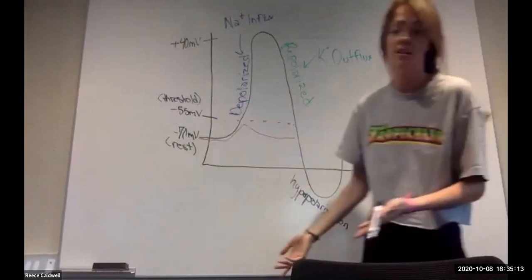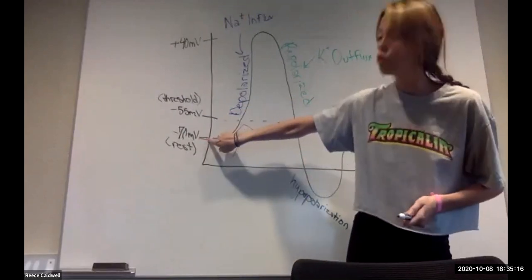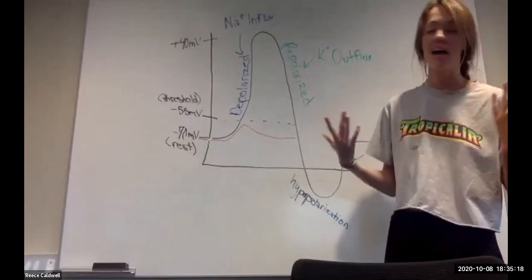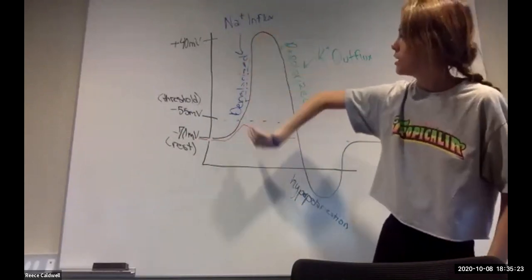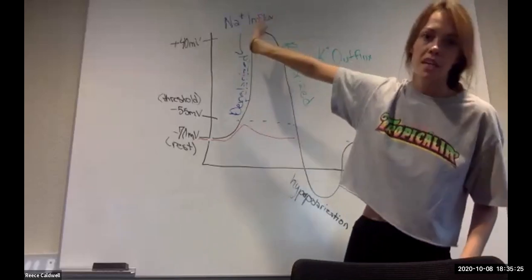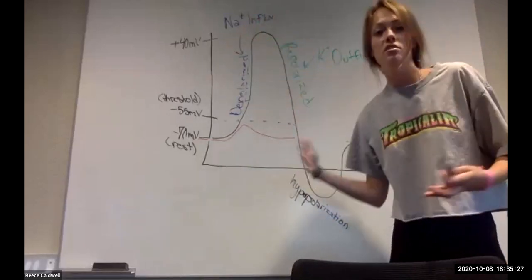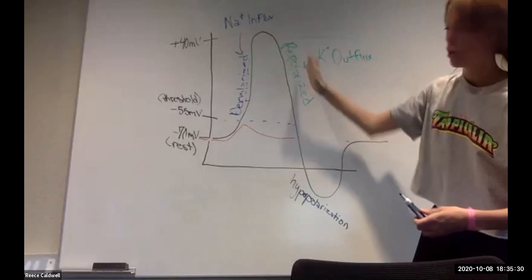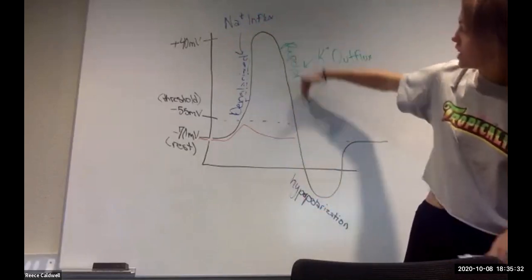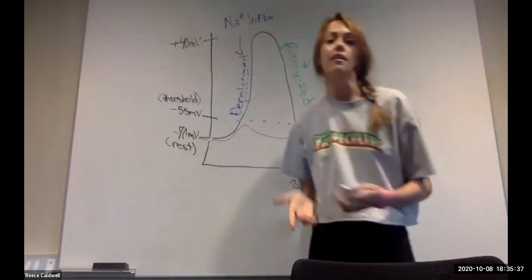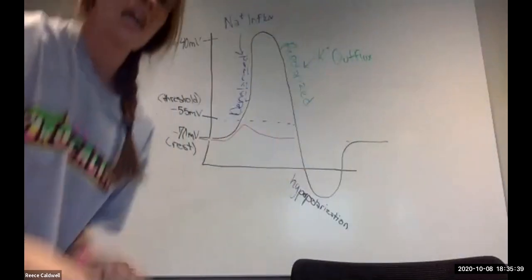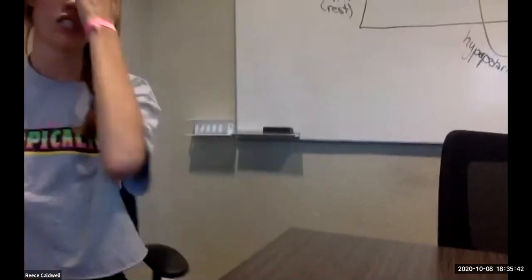And you would need to say negative 70. Or I could say, what's occurring at this point right here? Rest. What's the upward slant of the chart? Depolarization. What's the downward slant of the chart? Repolarization. What's happening right here? Potassium's flowing out. What's happening right here? Sodium's flowing in. Make sure you know that. You'll see that really heavily in lecture, super heavily in lectures. So it's best to double study there.